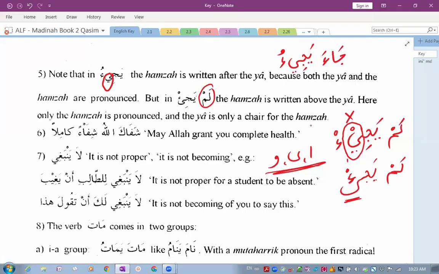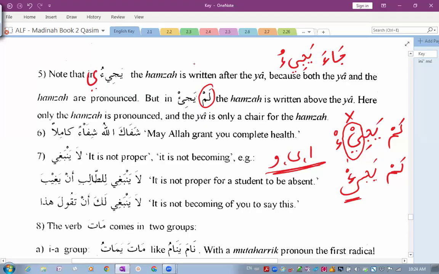Point number 6. In yaji'u, ya is the seat? No, in yaji'u, ya is the second letter. Ja'a yaji'u. So Hamza doesn't need a seat here? No, he doesn't need a seat, because I said Hamza needs a seat either underneath him or beside him. If Hamza has a seat before it or after it, Hamza is okay.